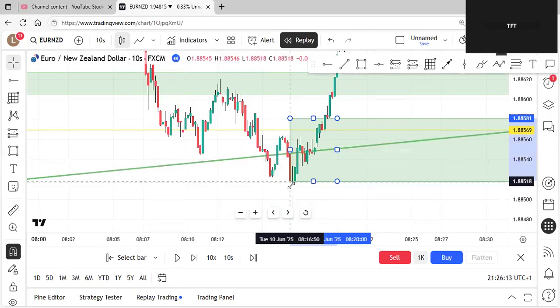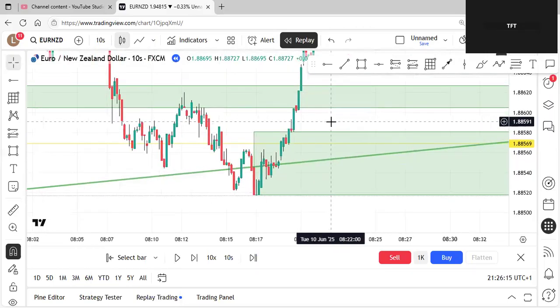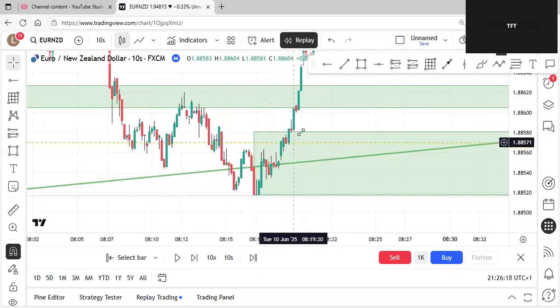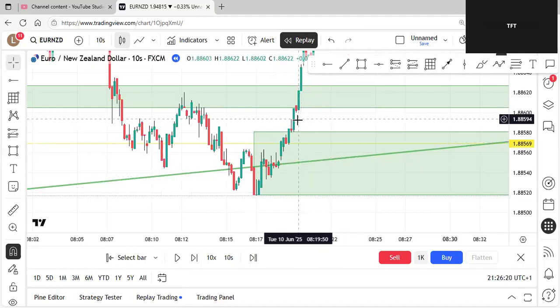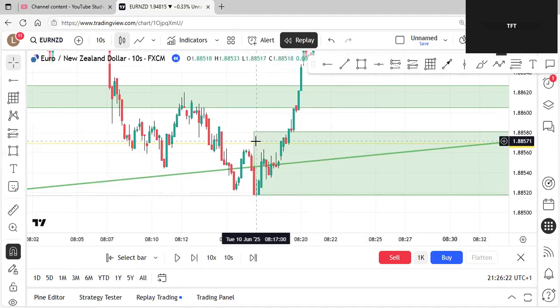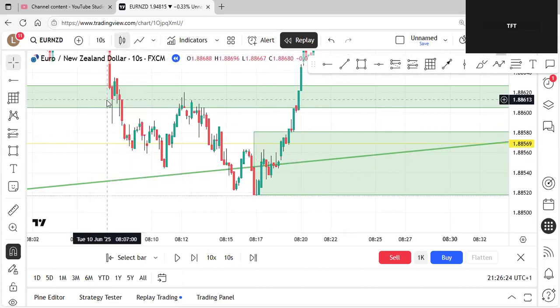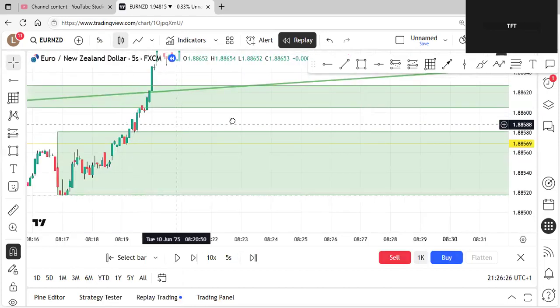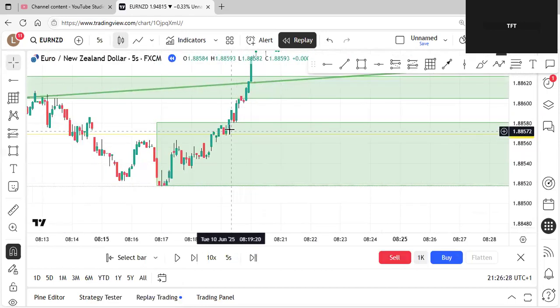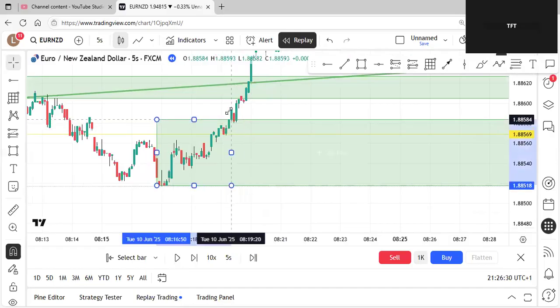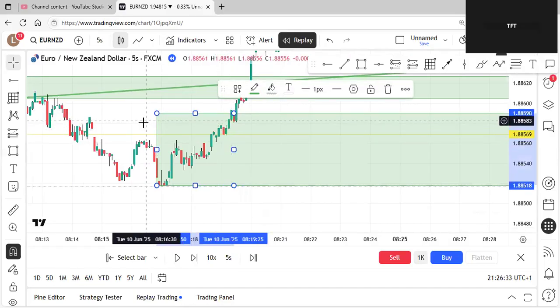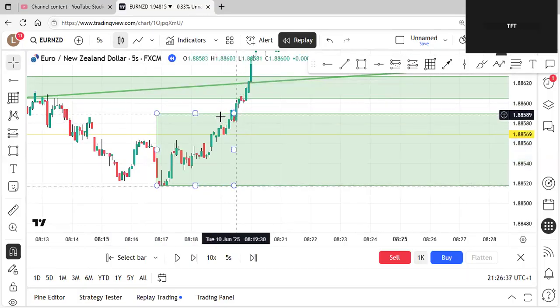So low to the creation of imbalance. I think I'd have been there. I was looking. Tiny little bit of imbalance here.